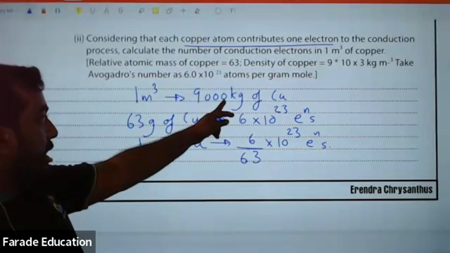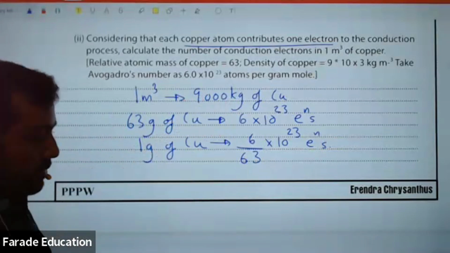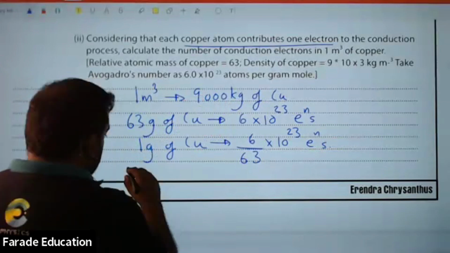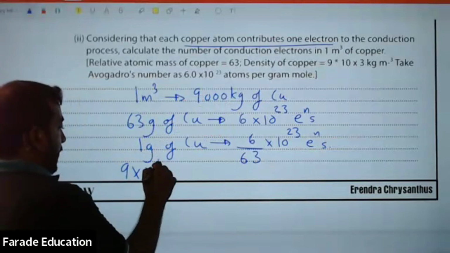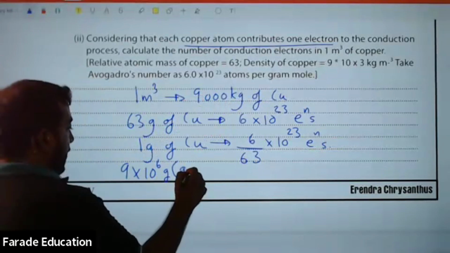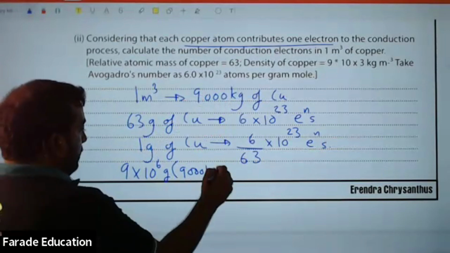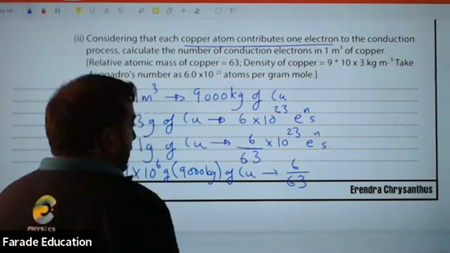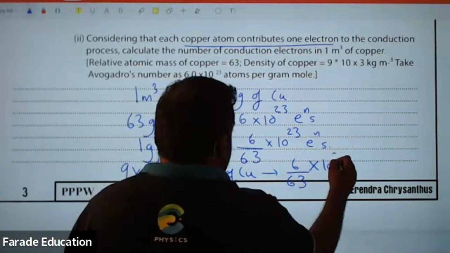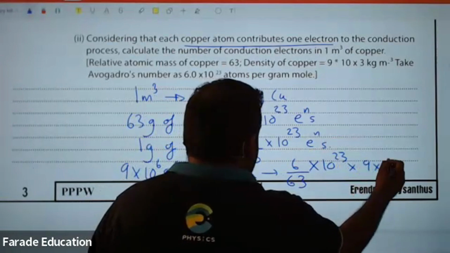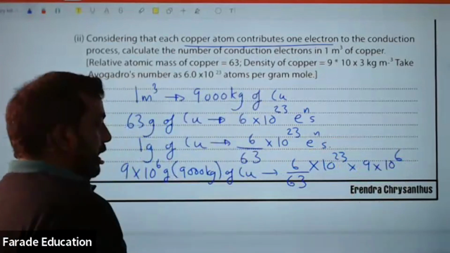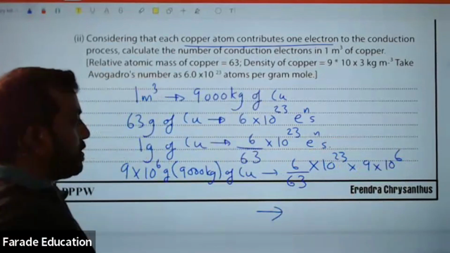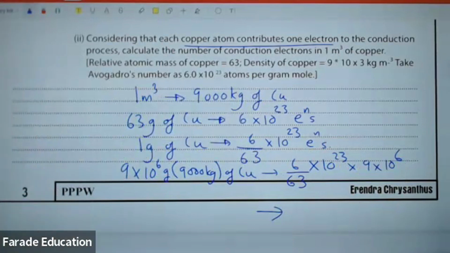Now 9,000 kilograms is 9 times 10 to the power 6 grams. So 6 divided by 63 multiplied by 10 to the power 23 multiplied by 9 times 10 to the power 6. From this we can find the number of electrons.